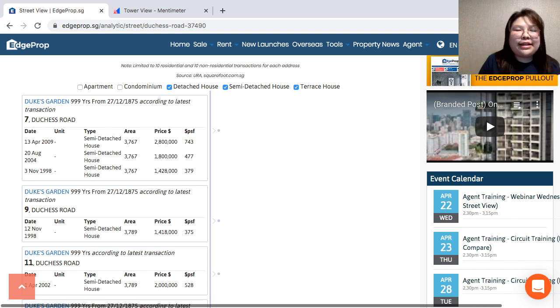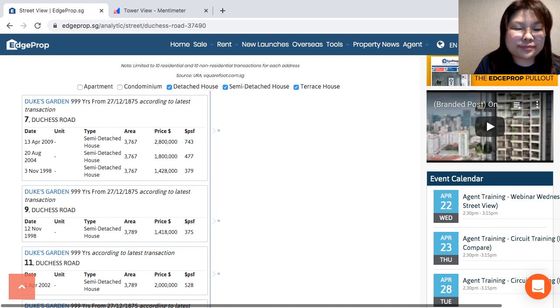Very similar to Tower View, you can see that this house, 7 Duchess Road, was transacted 3 times after 1995. So if it was transacted before 95, it will not show up. Or if there were any full cash transactions, they will not show up in these 3 transactions as well.